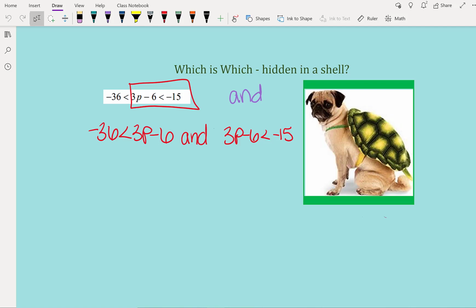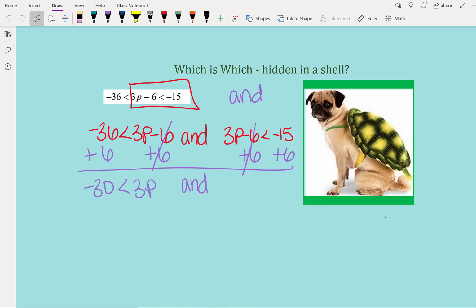We're going to add 6 to both sides for both of these. Those 6's are going to eliminate. Negative 36 plus positive 6 is negative 30, less than 3p, and we have 3p is less than 9. And then we divide everything by 3.